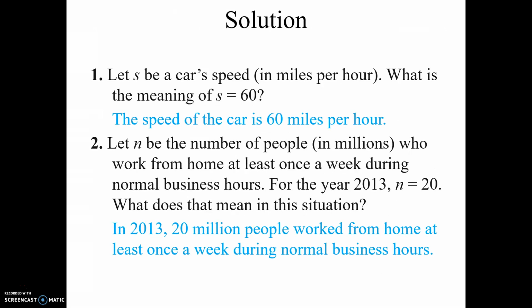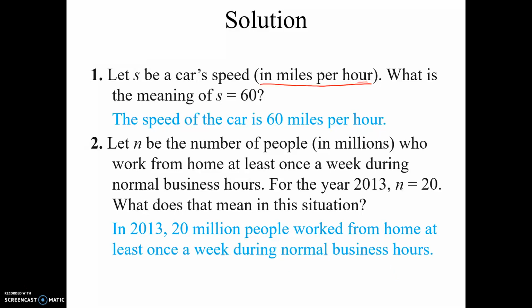The speed of the car is 60 miles per hour because S is in miles per hour, and it represents the speed of the car. In number 2, for the year 2013, N equals 20 represents that 20 million people work from home at least once during the week during normal business hours.